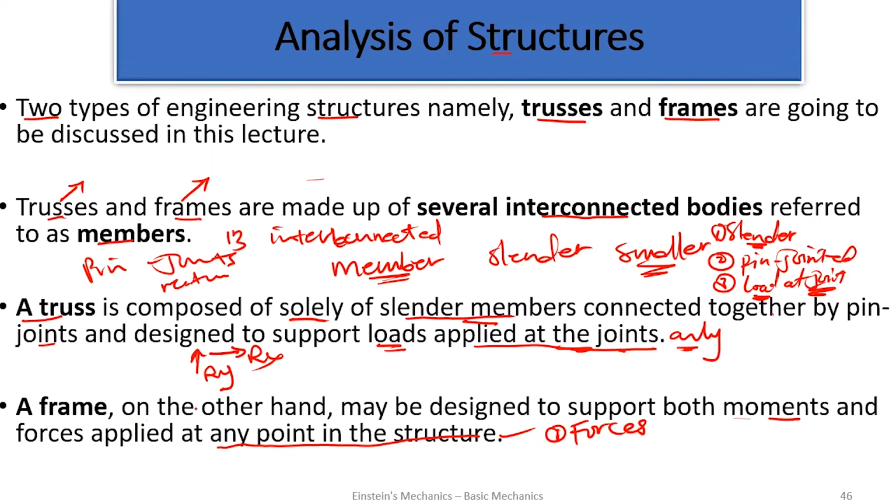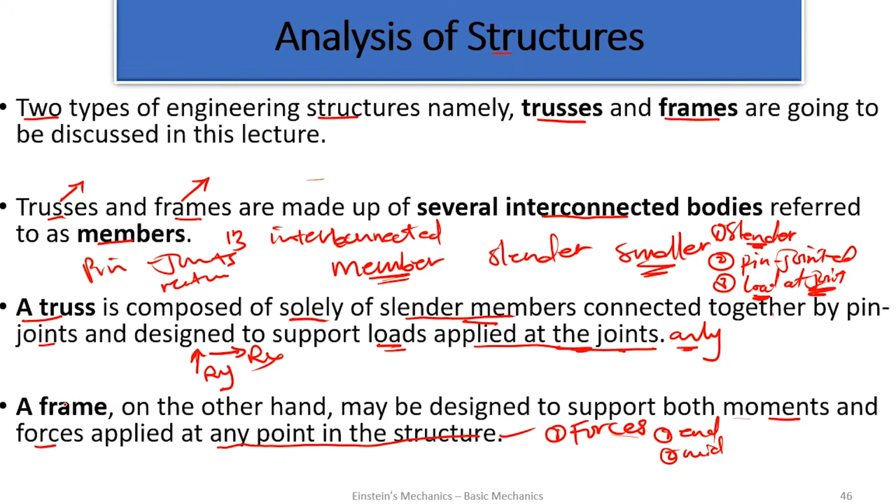But a frame, on the other hand, may be designed to support both moments and forces. And this time, the moment and the force may be applied at any point on the structure. So for frames, you can apply at the ends, at the middle, and at any point. So that's the clear-cut difference between a frame and a truss.